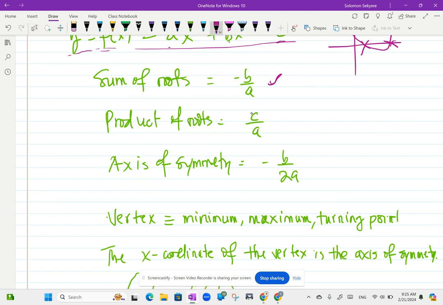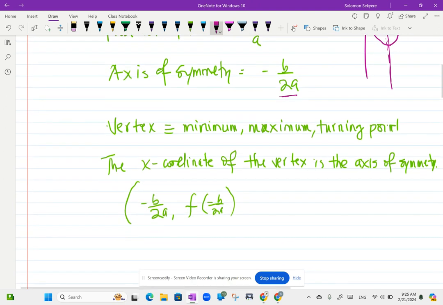And the axis of symmetry, that's the line that divides the parabola into two. Axis of symmetry is negative b over 2a. So note the difference. The sum is negative b over a, but the axis of symmetry is negative b over 2a. Let's do some vocabulary here.